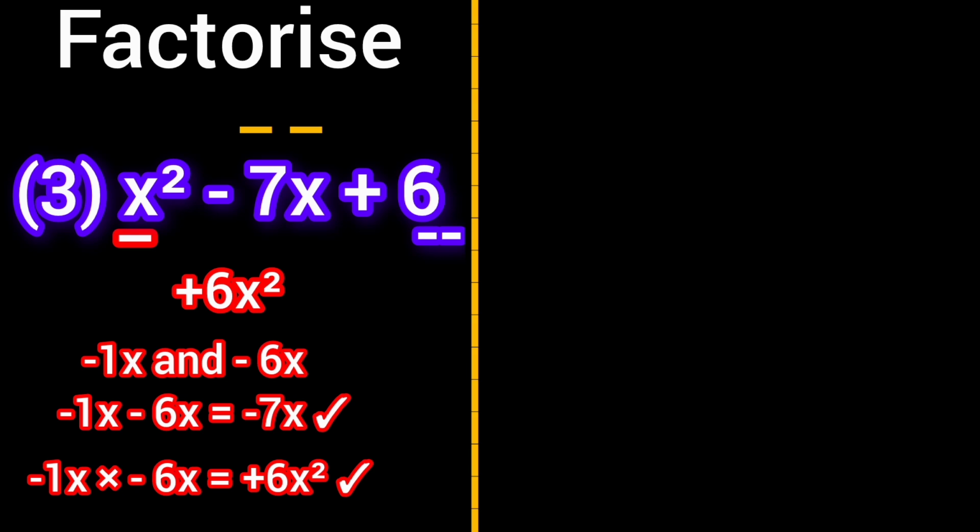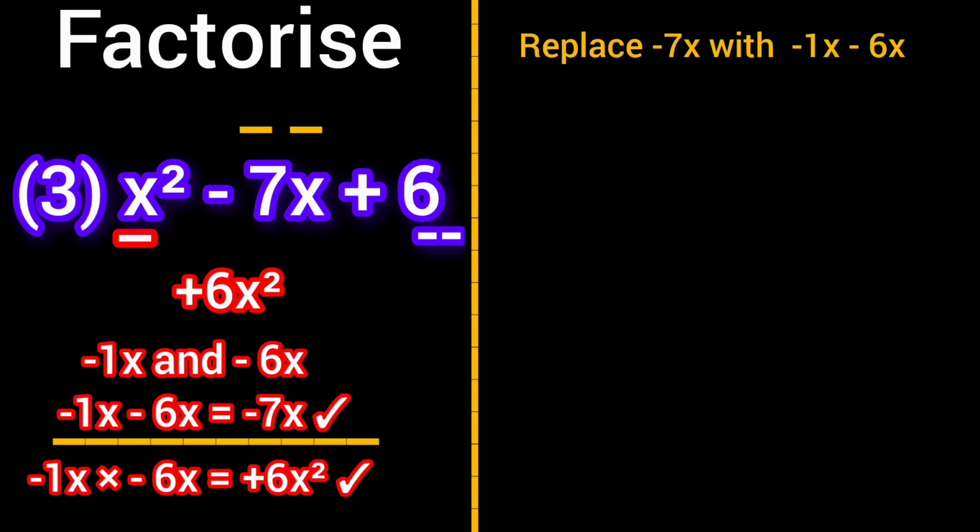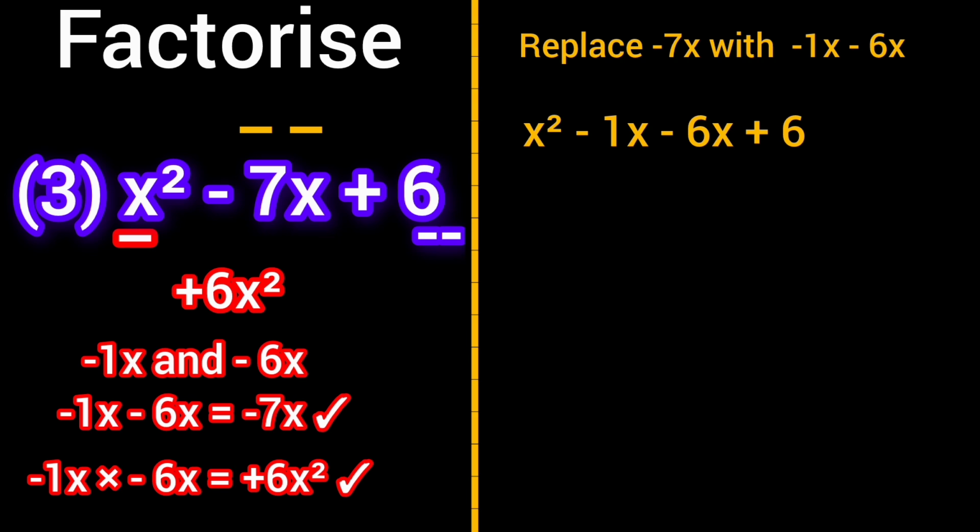Then since we have gotten the numbers, we are going to replace minus 7x with minus 1x minus 6x. Then we have x squared minus 1x minus 6x plus 6. We open bracket and put x squared minus 1x, we close it, minus open bracket 6x plus 6, we close it. When you look, you find out that both of them have x in common.